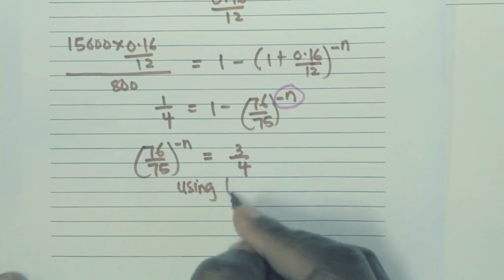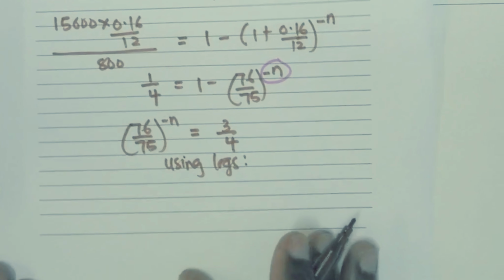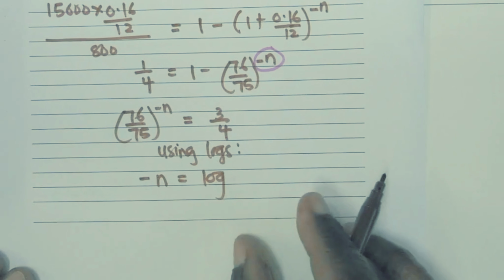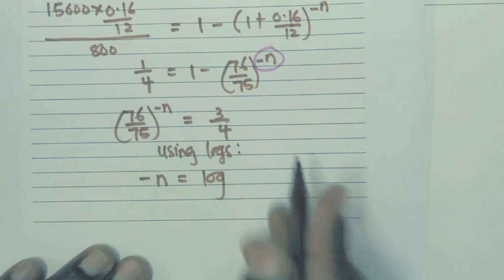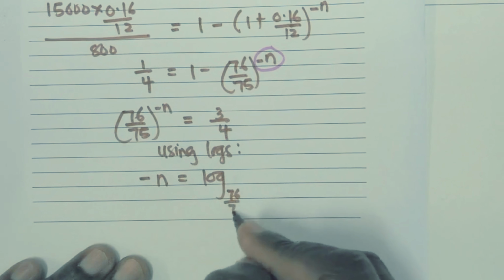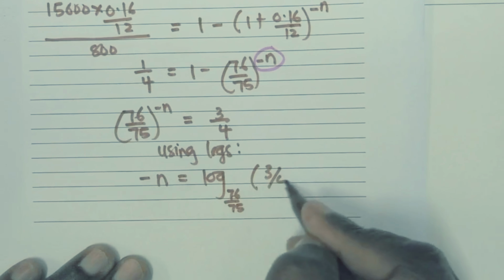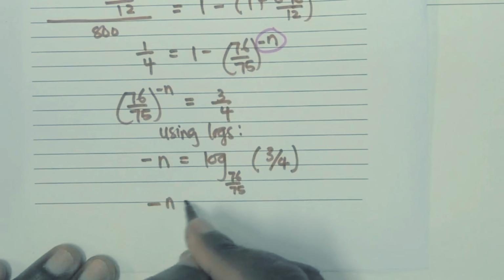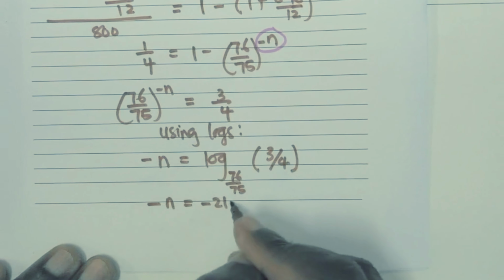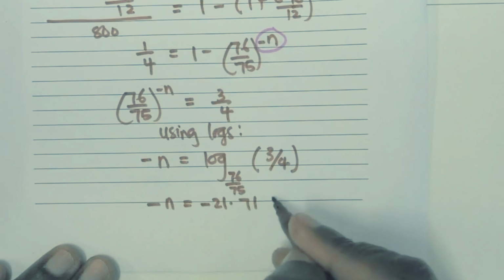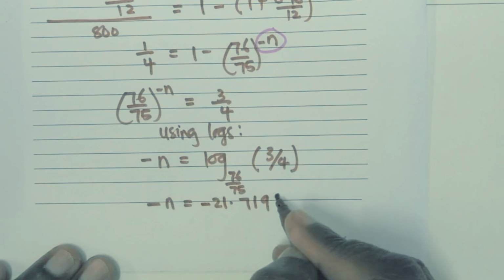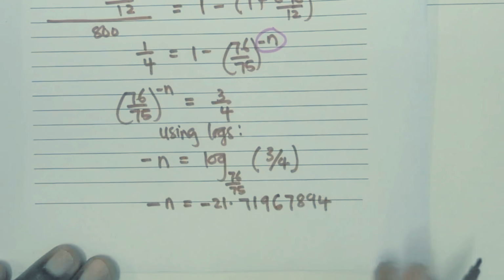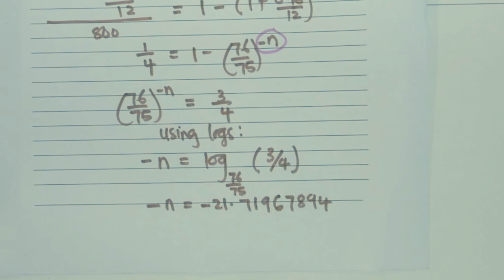Using logs, my base here is, and then I'm going to write my 3/4 here, and I'm going to get, and this is the answer that I'm going to get from my calculator.